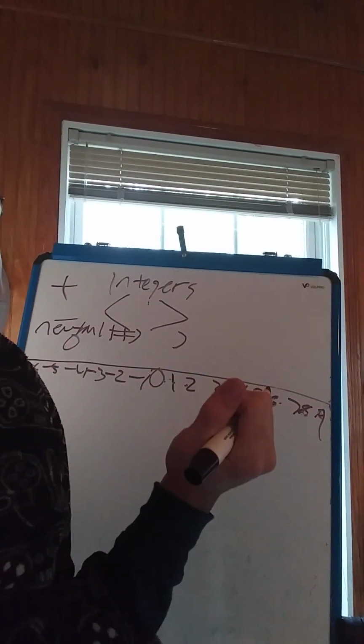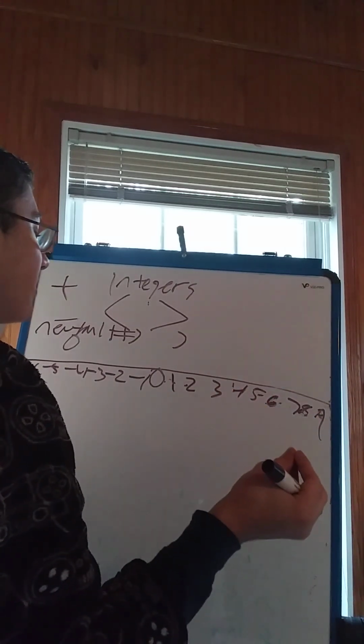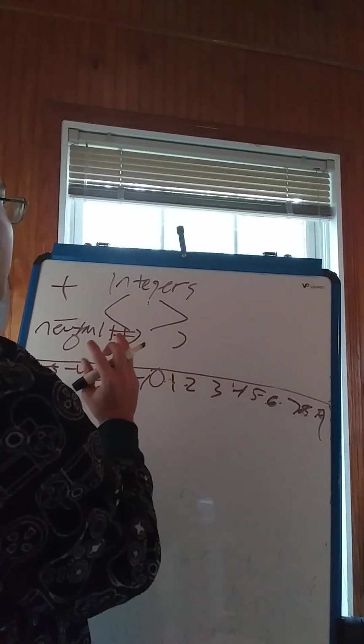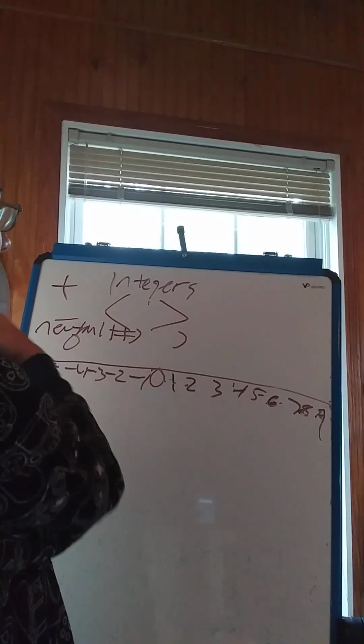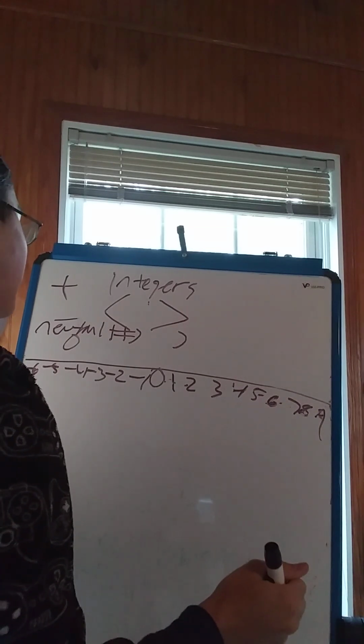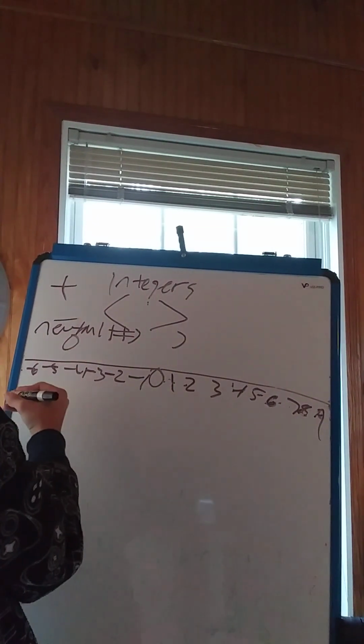But if you're thinking about the regular numbers, such as positive numbers, they go 1, 2, 3, 4, 5, from left to right. That's the opposite with the negative numbers because they go from right to left.